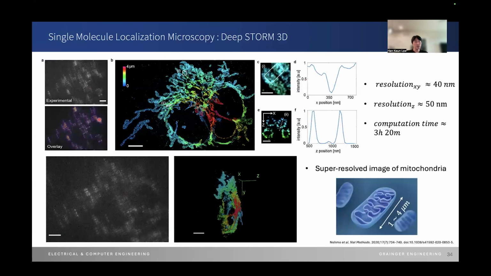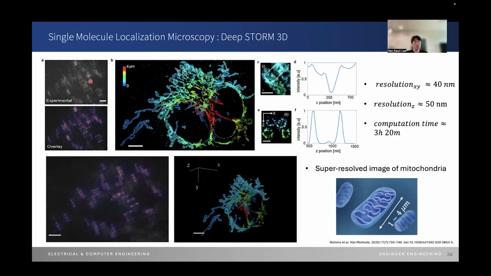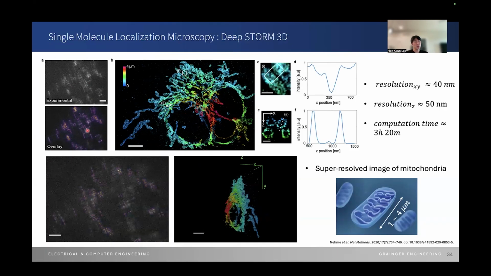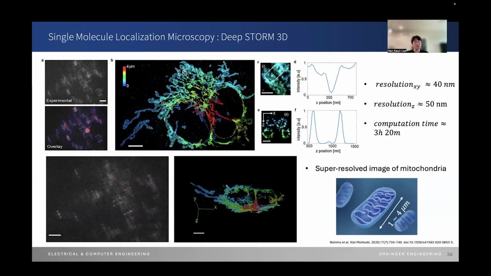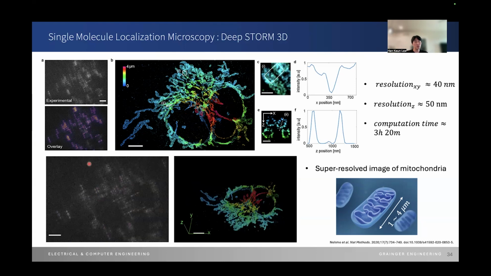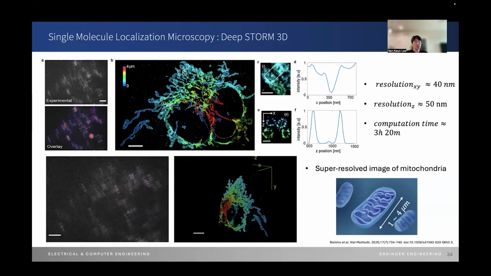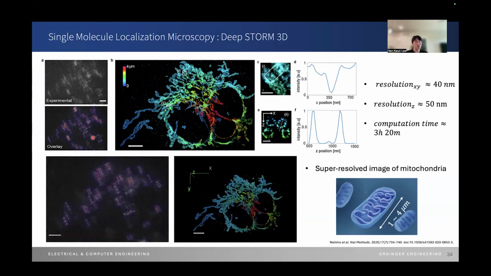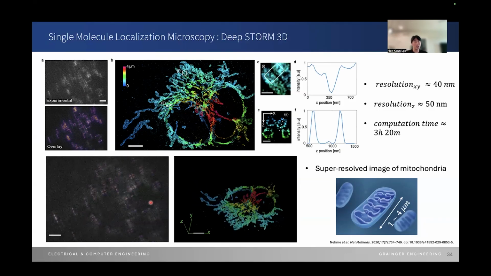Using that, they demonstrated in the experimental section, this is the low resolution image. This is where they found the locations in 3 dimensions and then applied the point spread function, and they overlaid them with each other. And you can see that the experimental and overlay sections are identical to each other, which means that the model was able to predict with high accuracy.